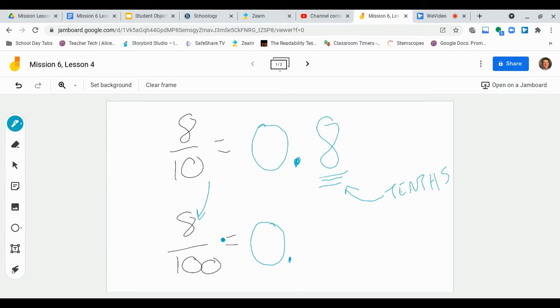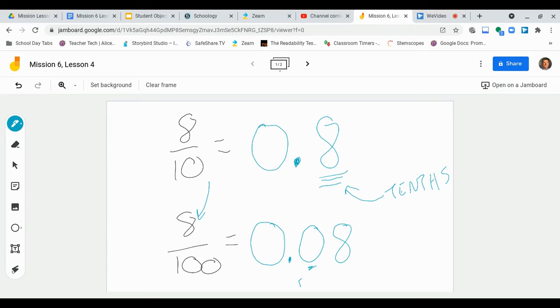Well, I have 0 tenths here in the tenths place. I have 0 tenths. However, my next spot, when I write a decimal, my next spot over is for hundredths. So how many hundredths do I have? I have 8 hundredths.